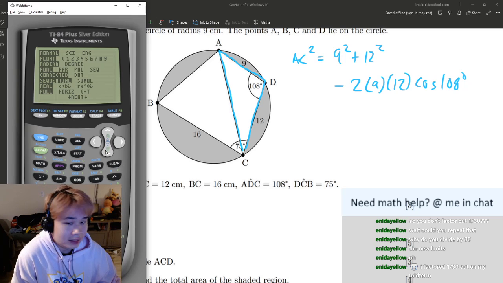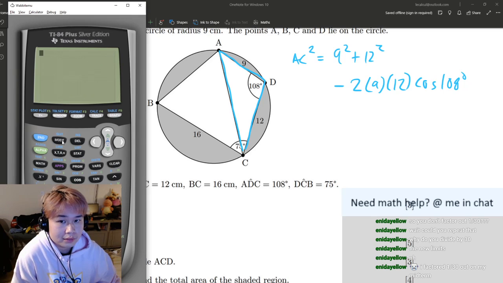Okay, before you get started, this is a degree question, so change to degree. And then I'm gonna put all of this into the calculator and then square root it.